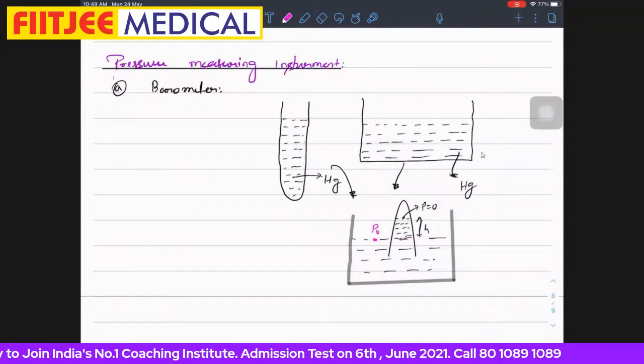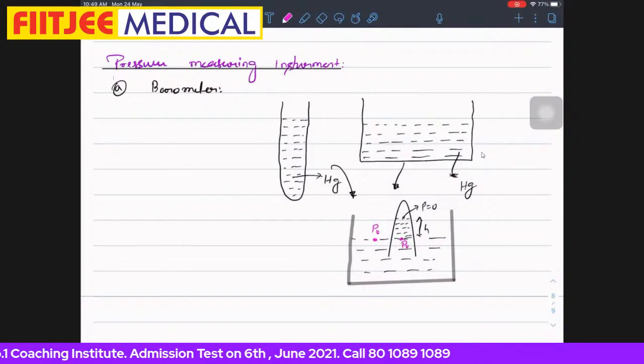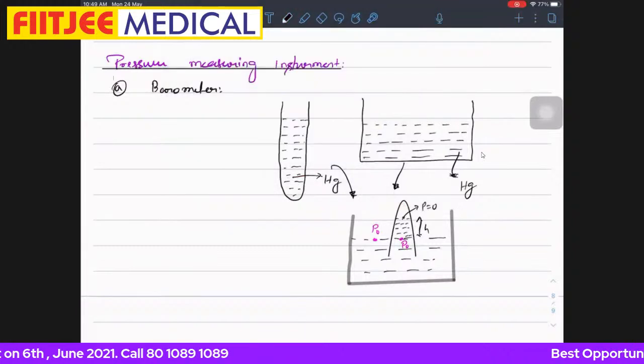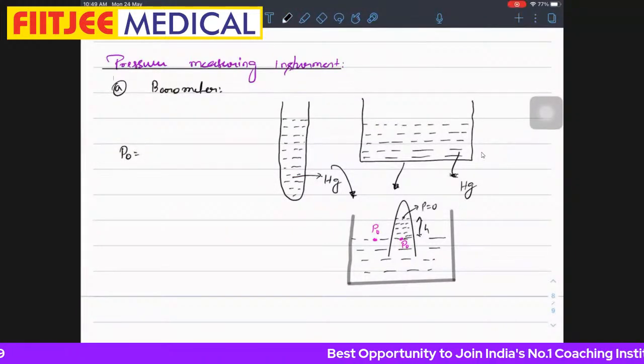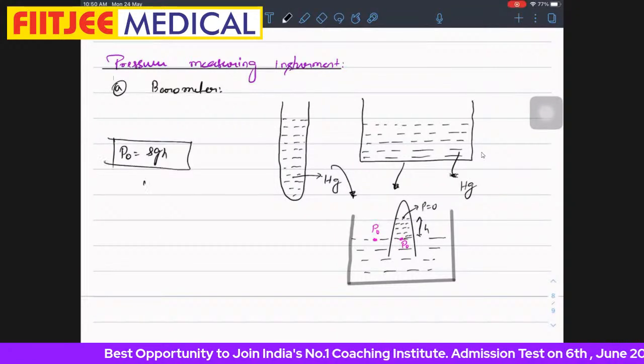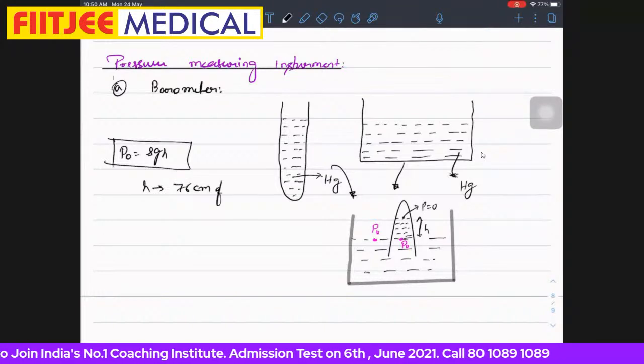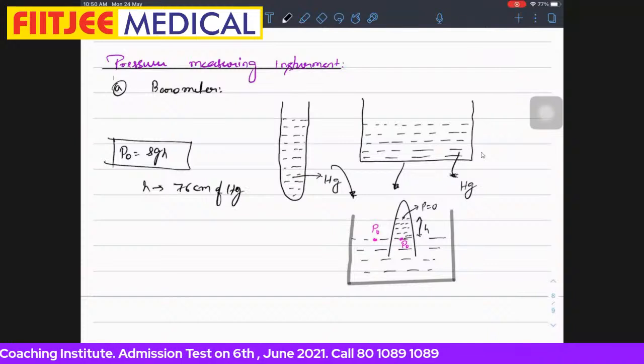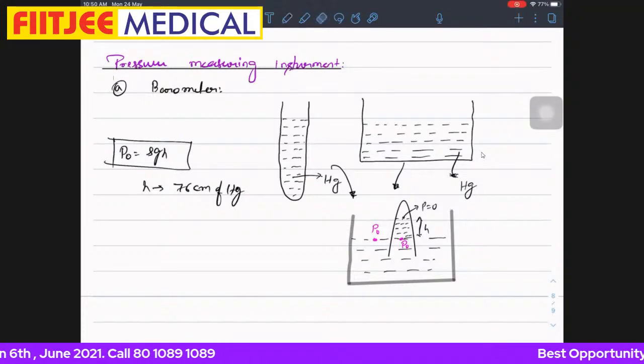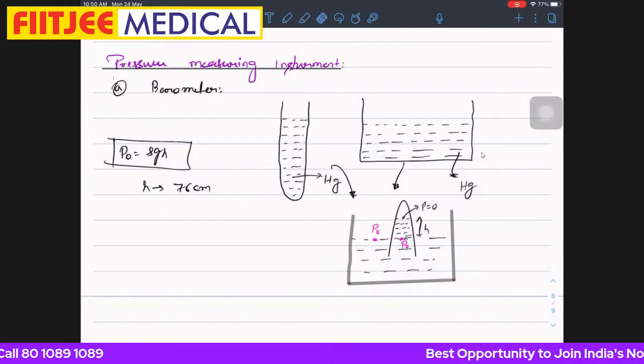So if this is P naught, this point's pressure will also be P naught. So P naught equals top pressure 0 plus rho GH. And when they measured this value of H, they found it is 76 centimeter of Hg. I'm writing only the value of H.